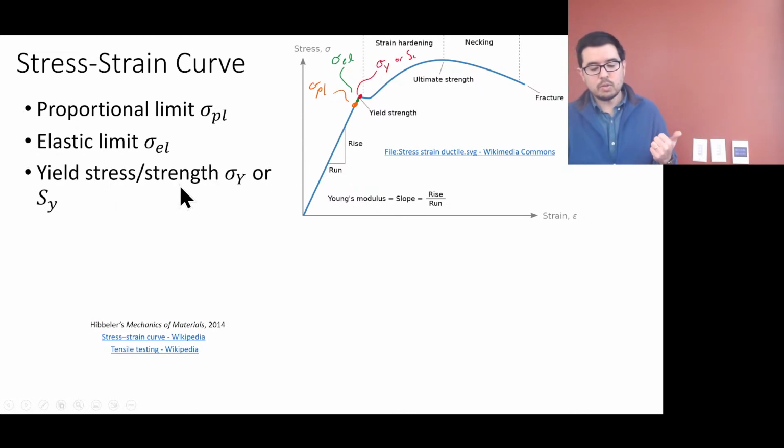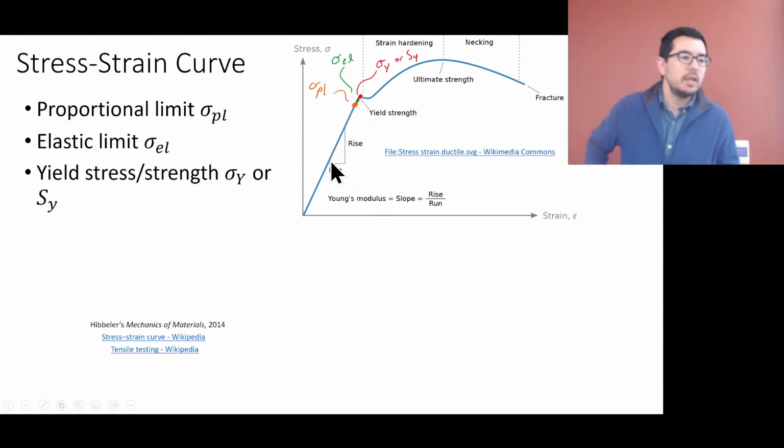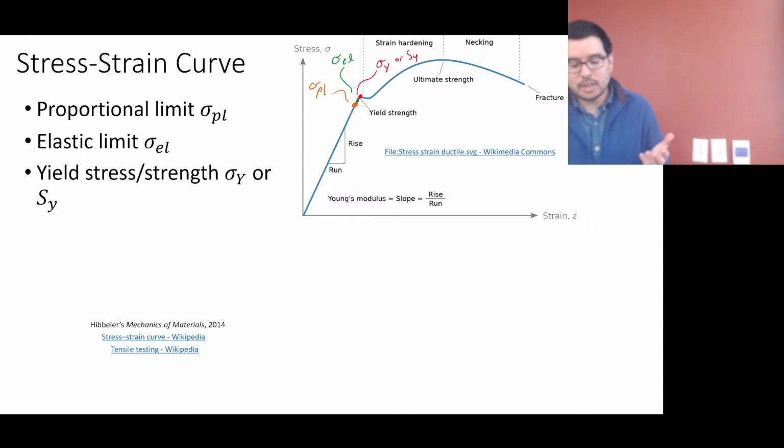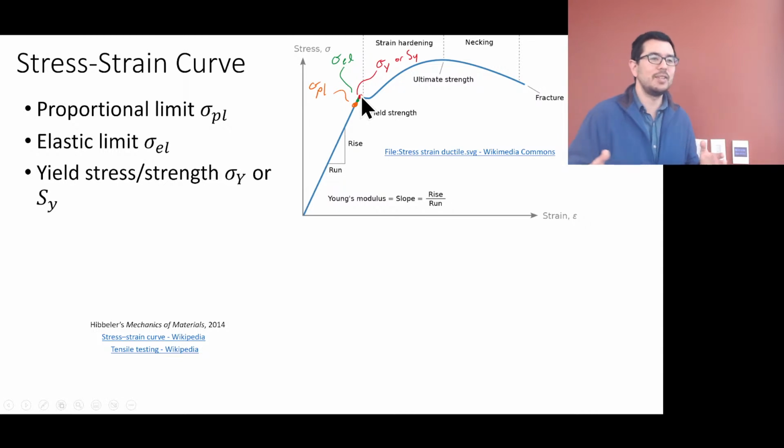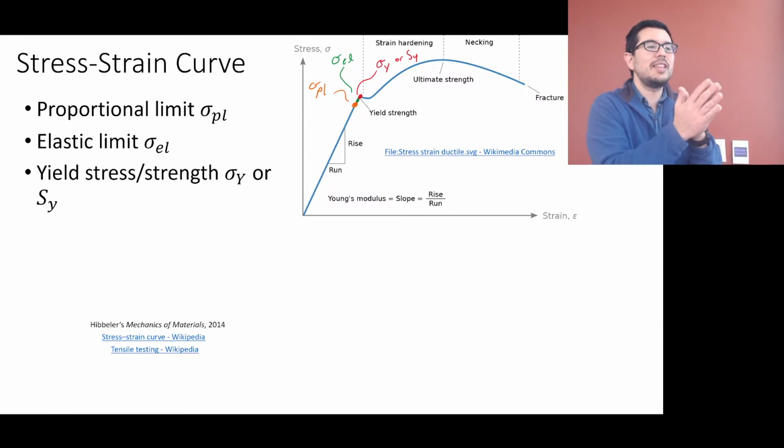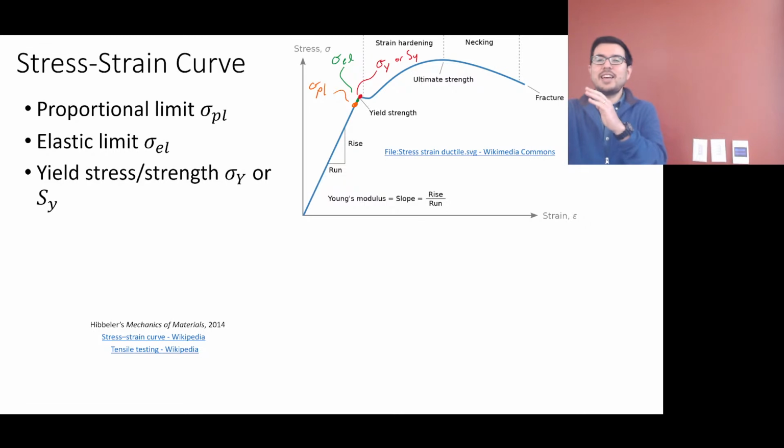The yield stress or strength. This point right here, a little further up, given by sigma y or Sy, is very similar to the elastic limit, and they could almost be on top of each other. But once you get to the yield strength, you will no longer go back to 0.